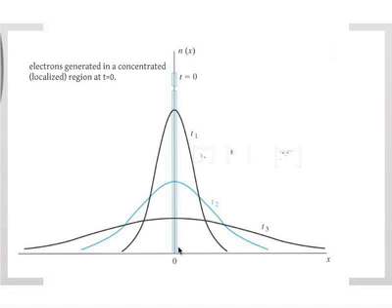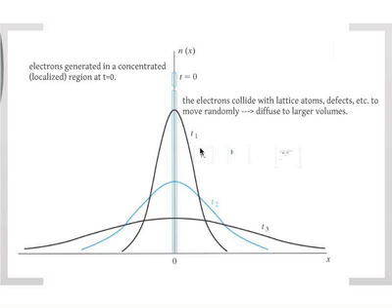Okay, electrons generated in a very concentrated region, somehow, at t equals 0. Now, as you allow the time to progress, just like those ink molecules in water, these electrons will diffuse from very high concentration to low concentration. So imagine just like the ink molecules. Okay? And that's what happens here.